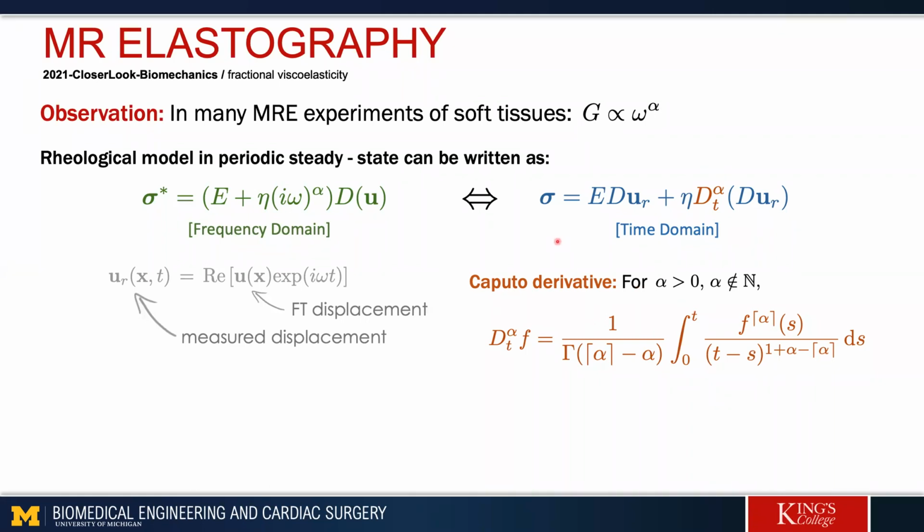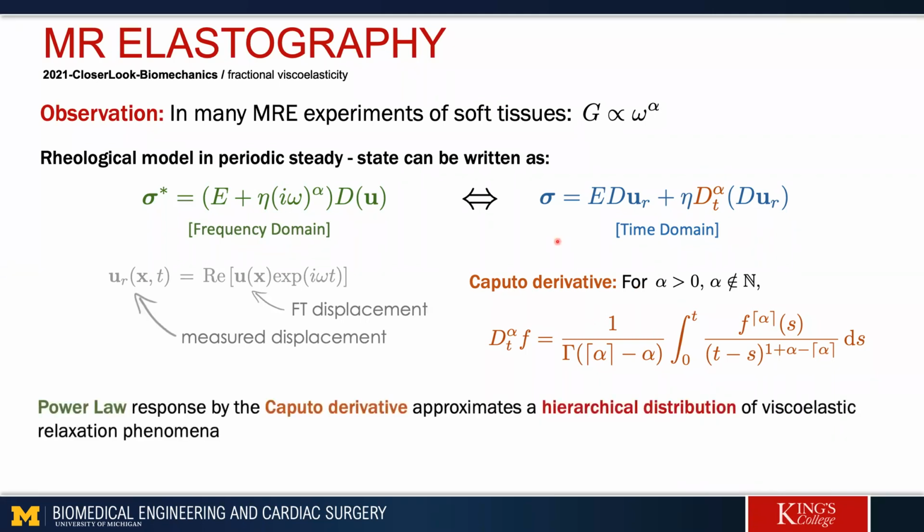And the theoretical idea behind this is that it is a way of capturing a hierarchy of distributed relaxation phenomena. So if you have a bunch of different relaxation times that are spread out and weighted over time, then this is basically an efficient way of representing that hierarchy.